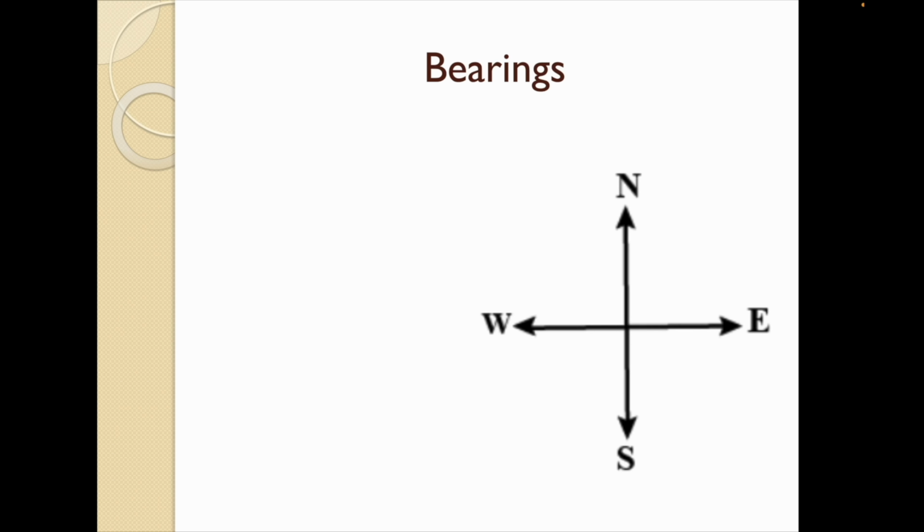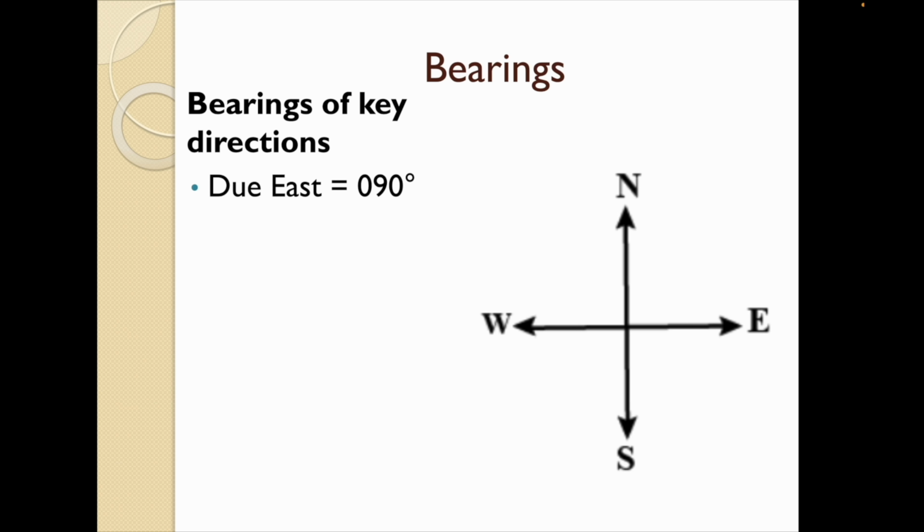Bearings, we have to use our directions: north, east, south, west. Looking at this, the bearing from north going to east, how many degrees do you think that would be? 90. Lovely. So if I say something is due east, I mean that it's 90 degrees from north. What do you think south would be?